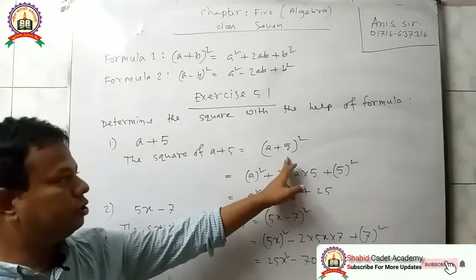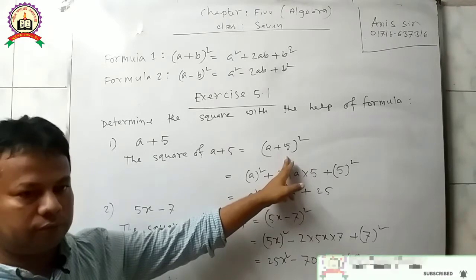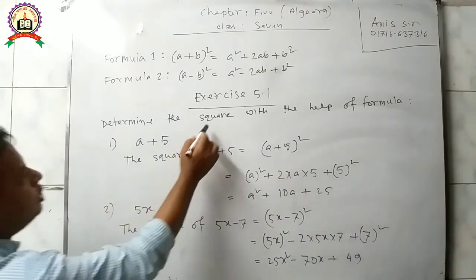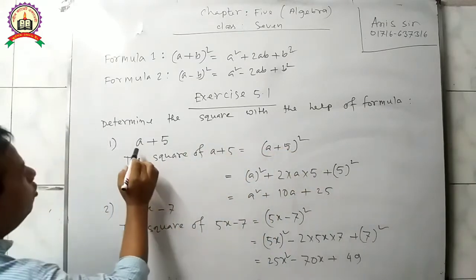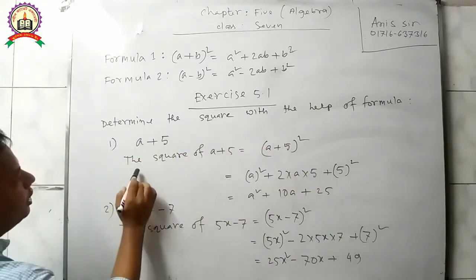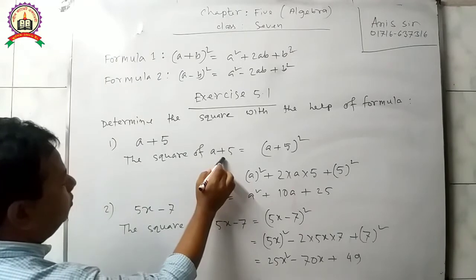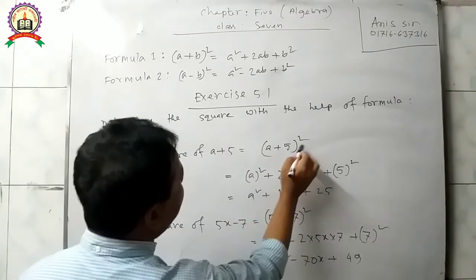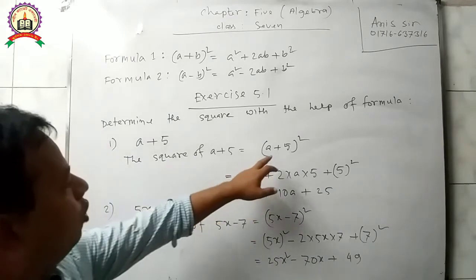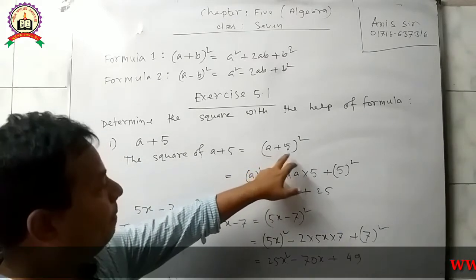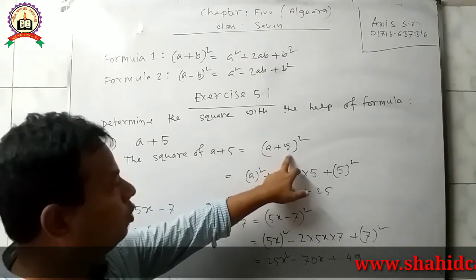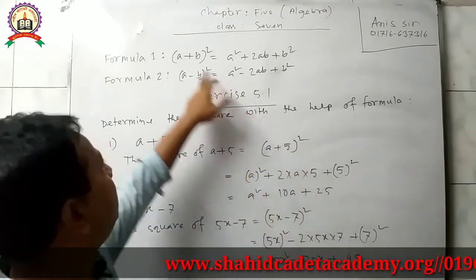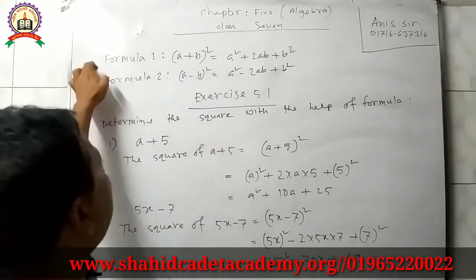And this is the point we have to solve. The square of a plus 5 equal to a plus 5 whole square. So suppose a equal to a, 5 equal to b, then a plus b whole square. That means formula 1.